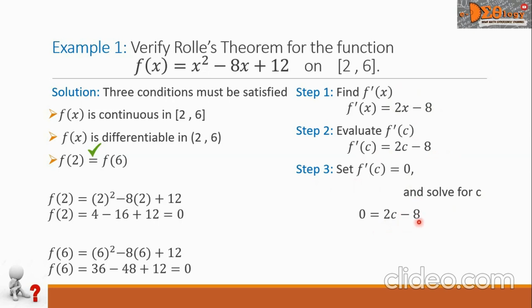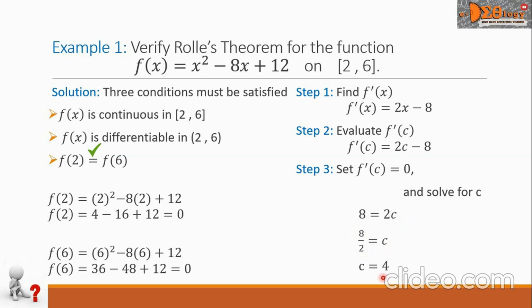This negative 8 we will transpose to the left. The negative 8 becomes positive 8 equals 2c. Solving for c, let us divide this equation by the coefficient of c, which is 2. So we have now 8 over 2 equals c.